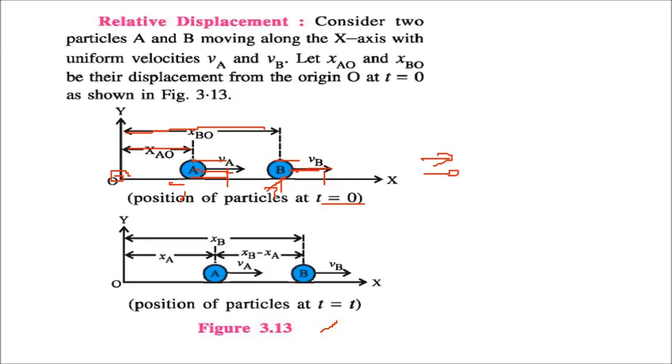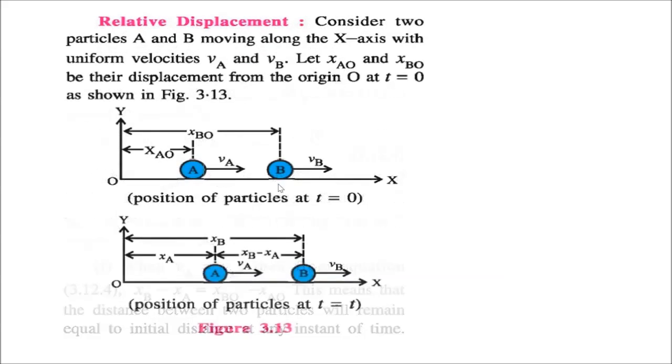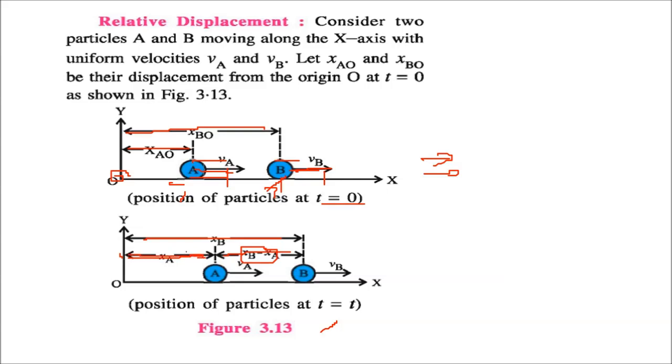So what is the position now? This is XA position, this is XB position, and what is the distance between these two? XB minus XA. So XA and XB are their position coordinates, and we can simply say that XA is nothing but XAO, meaning this distance, plus the distance A has travelled in time t, VA into t.